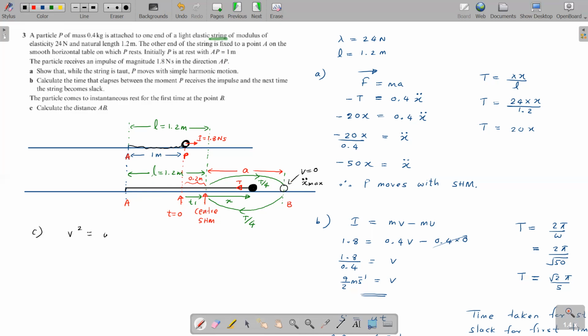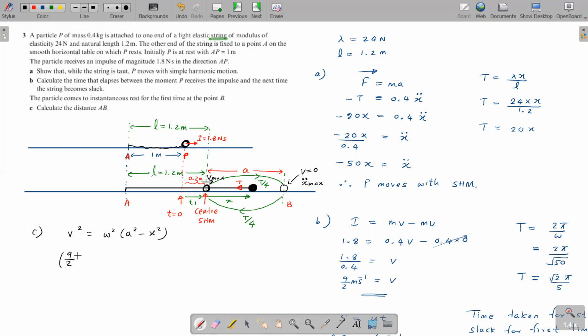We can go for v squared equals omega squared times (a squared minus x squared). Do we know the maximum velocity now? We know that the particle got the speed 9 over 2 meters per second while the string is slack. You realize that it comes with the same speed at the Vmax also, right? When the particle receives the speed while the string is slack, it will continue at that same speed until it comes to the center. So at the center you have that 9 over 2 meters per second speed, which becomes the Vmax.